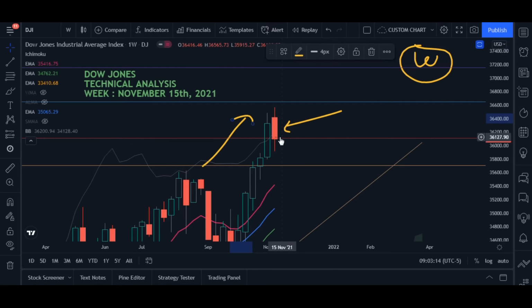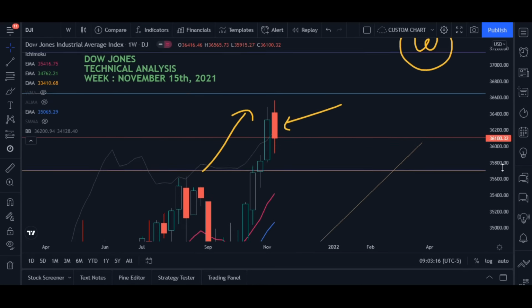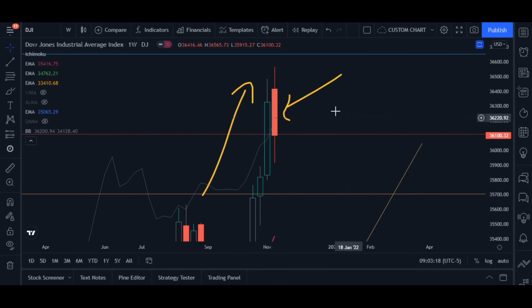So as such there is no problem, but the problem here is the closing of the candle. It is on the margin line.